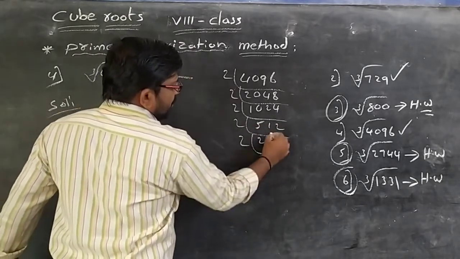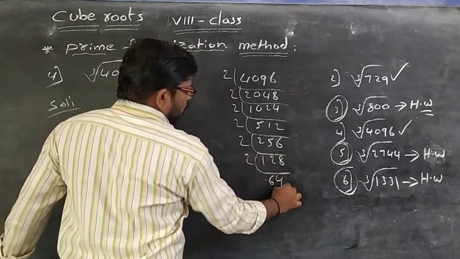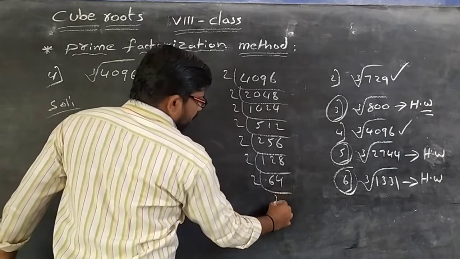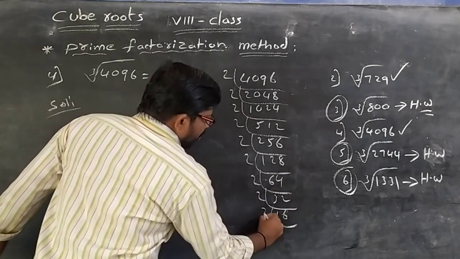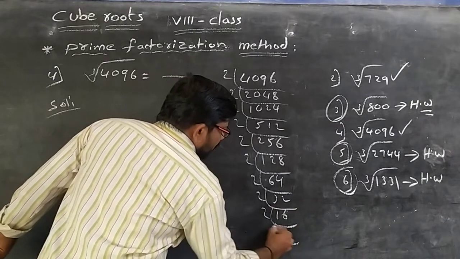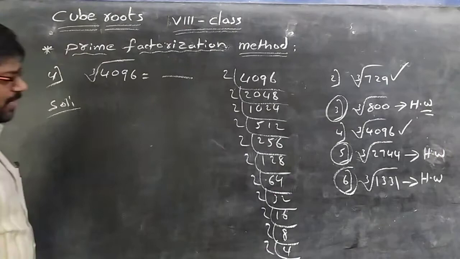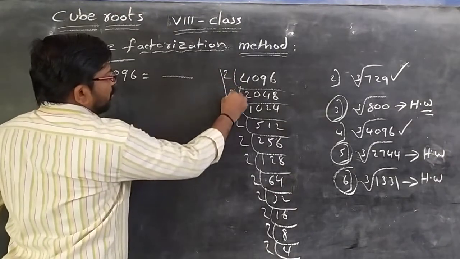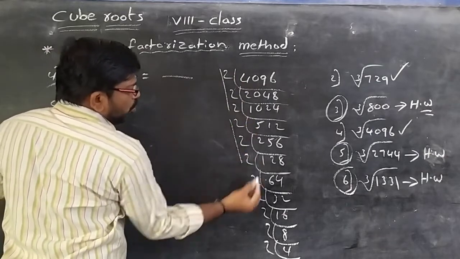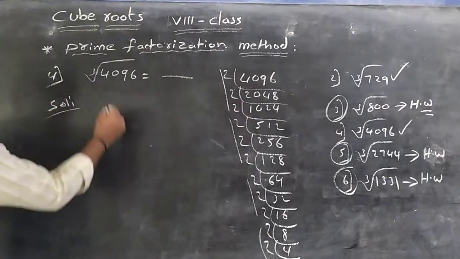Next 2 1s, 2 2s, 2 8s, 2 128s, 2 64s, 2 32s, 2 16s, 2 8s, 2 4s, 2 2s. See, make groups of 3: 2 cube, 2 cube, 2 cube, and 2 cube.